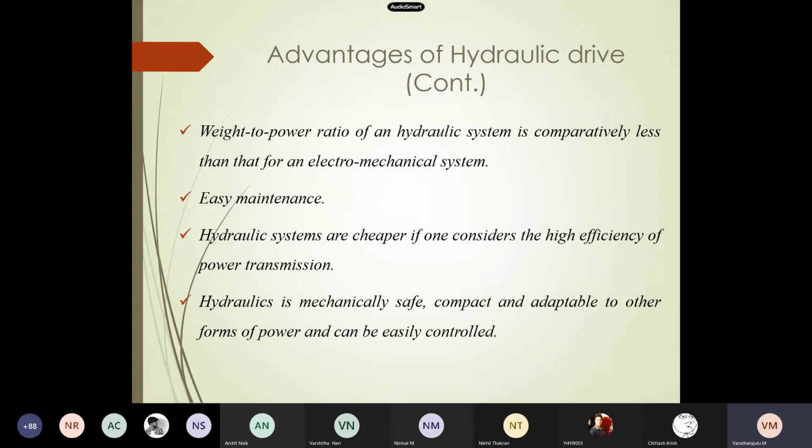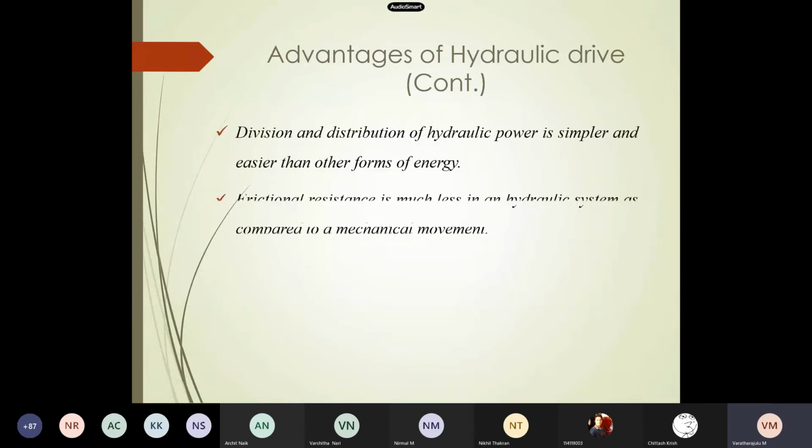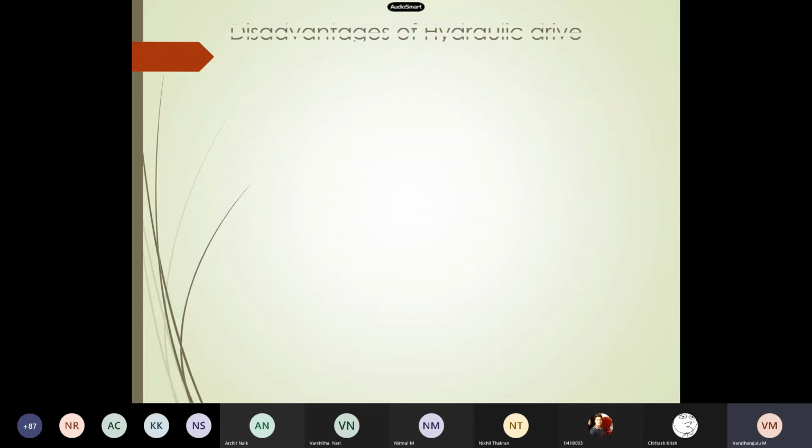The maintenance is easy. Hydraulic systems are cheaper if one considers the high efficiency of power transmission. The hydraulic system is mechanically safe, compact, and adaptable to other forms of power, and can be easily controlled. And the distribution of hydraulic power is simpler and easier than other forms of energy. The frictional resistance is much less in a hydraulic system as compared to mechanical movement.